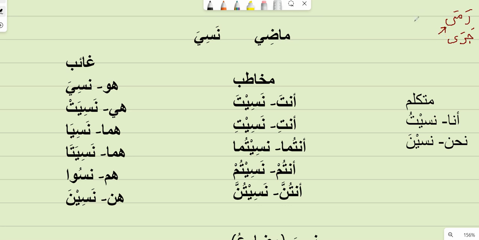Now the second type we are dealing with here is with the ya. For example, we are doing nasiya with the weak letter ya at the end. Here a weak letter as alif maksura, and further we will be doing the third type with the long vowel alif at the end.